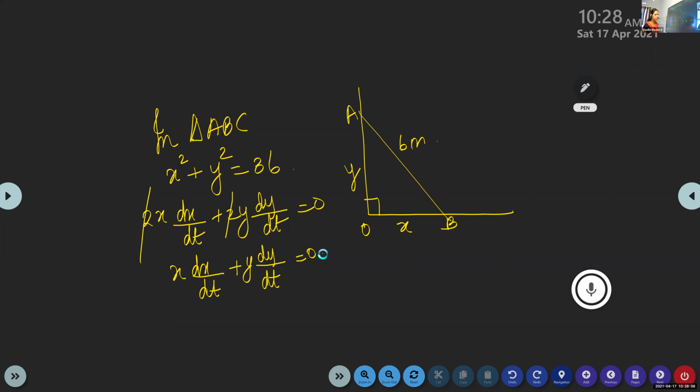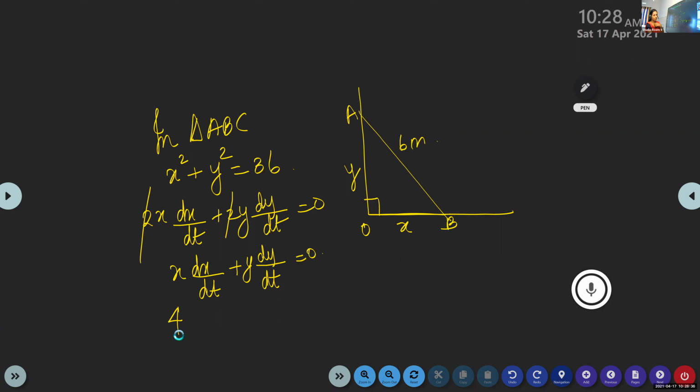Now write the length. What are the measurements given? Substitute it. At the moment when the foot of the ladder is 4 meter, x is given as 4. Isn't it the foot of the ladder? We are taking it as x. I think in the previous one we had taken that as y.